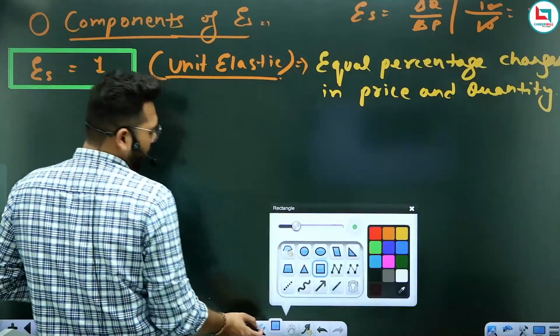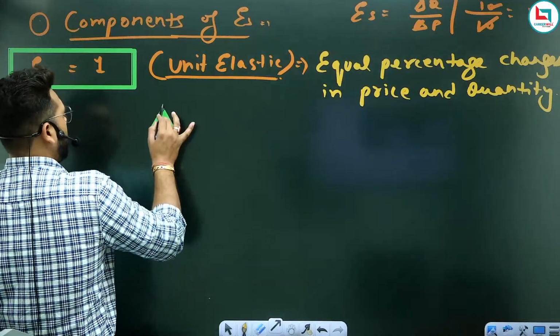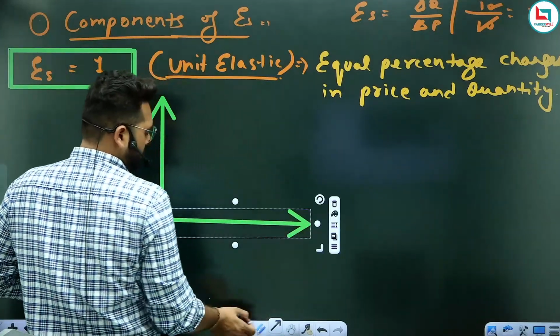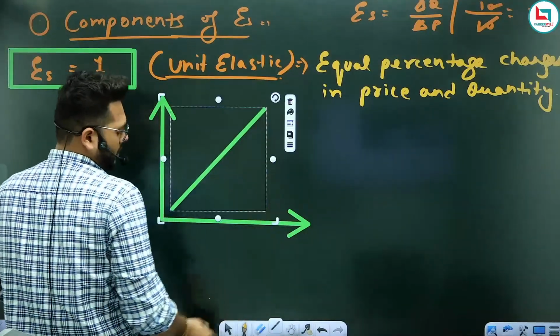So how can you make the curve of this unit elastic? You can make it like this, and the supply curve will be like this, right?